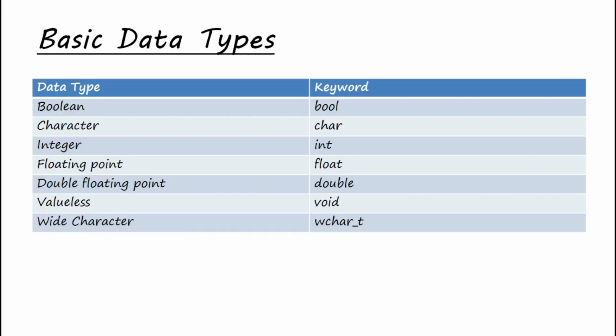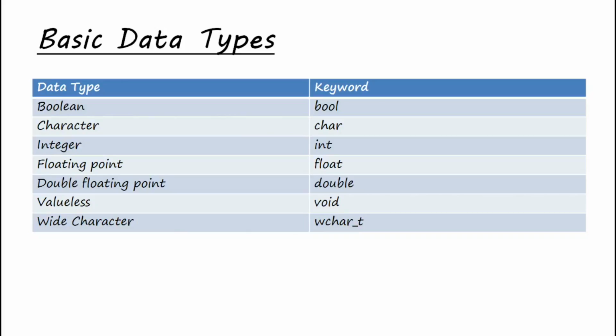Characters will store all your lowercase, uppercase characters, your digits, and all other special symbols you can see on your keyboard. Integers will store your integral values, and floating points will store values which have a decimal point also. Then there is double floating point, which will just have more precision than your floating point numbers.